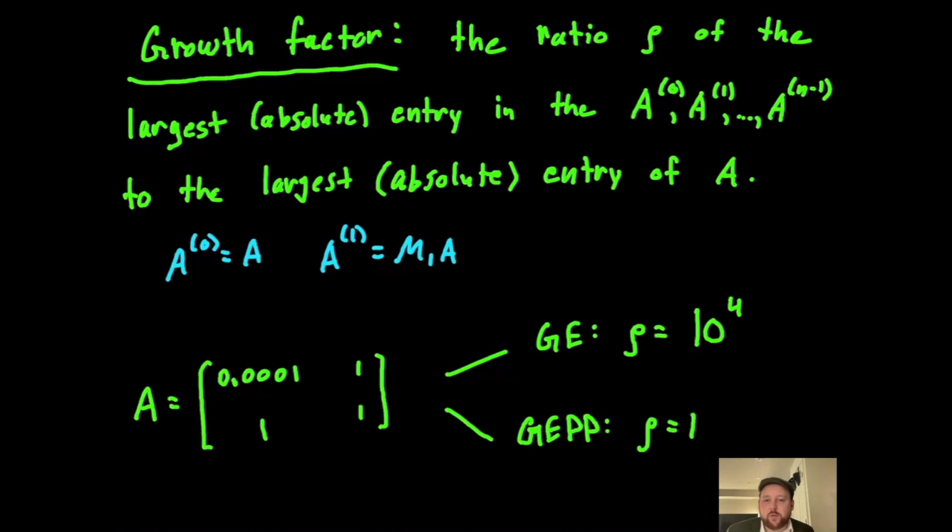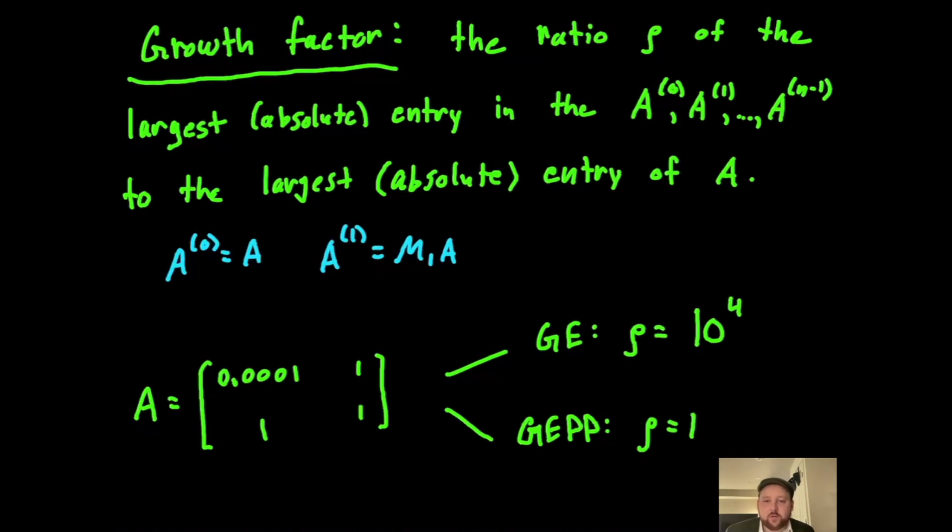Now, when we pivoted that matrix, so we interchanged the first and the second row, what we saw is that we didn't have that same growth, right? And when we multiplied L and U out, it was pretty accurate relative to A. So if you computed the growth factor for that, you would have rho equal to 1.